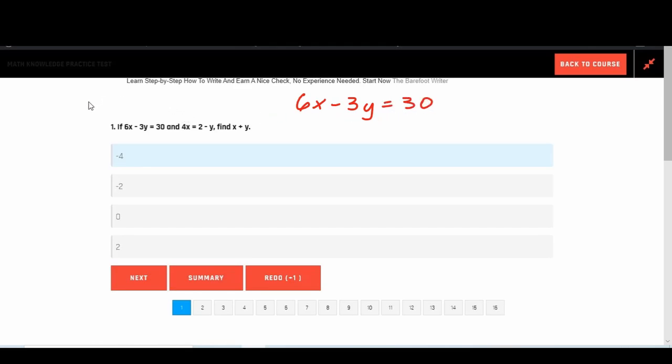And instead of writing 4x equals 2 minus y, I'm going to put this in the same form as this equation. To do that, I'm going to add y to both sides, which gives me 4x plus y equals 2. With this one rewritten to match, we can place it over here.